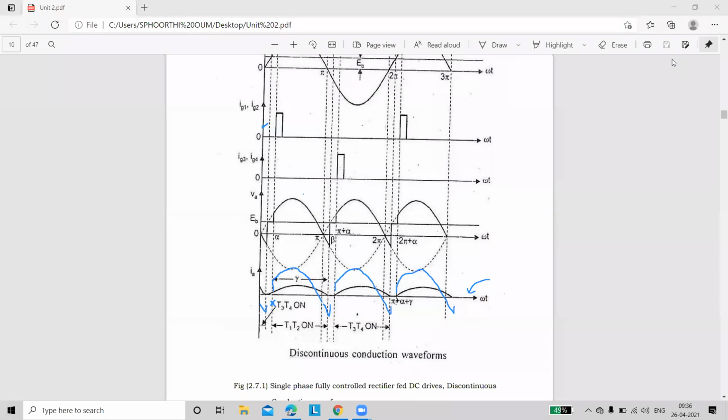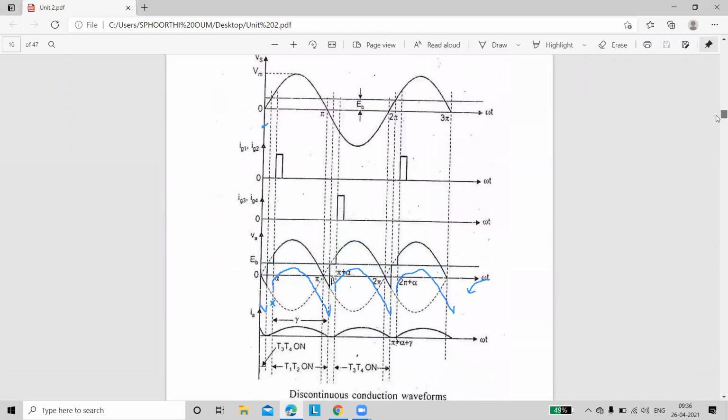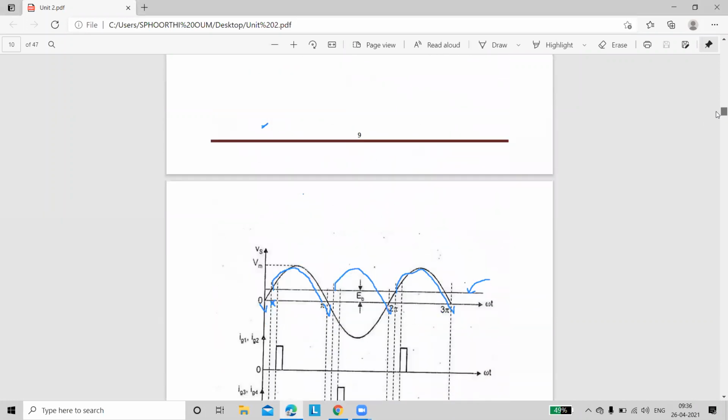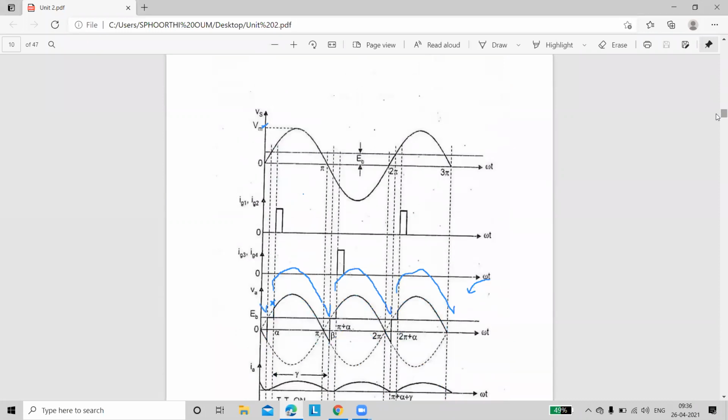By varying the firing angle, you will get the waveforms as continuous from discontinuous. But what is changing of the firing angle? Either you have to increase or decrease the firing angle. Don't guess.